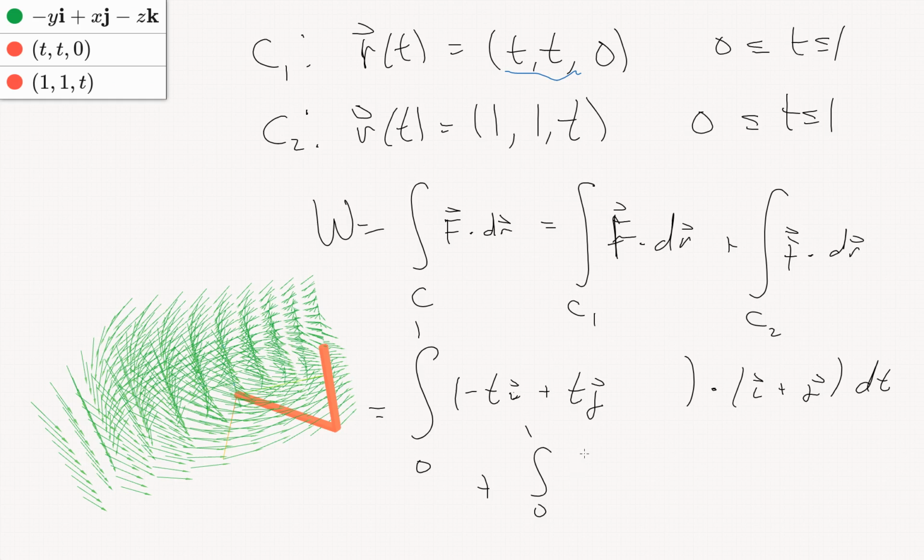So then the other one will be the integral from 0 to 1. Now x and y are both 1, so this will be negative i plus j minus t k, and then r prime here is just k, so that dt.